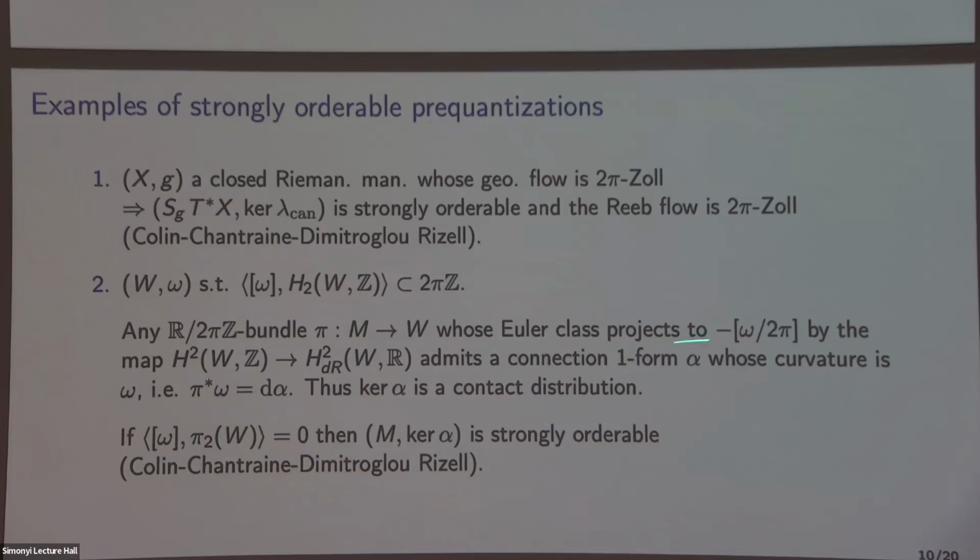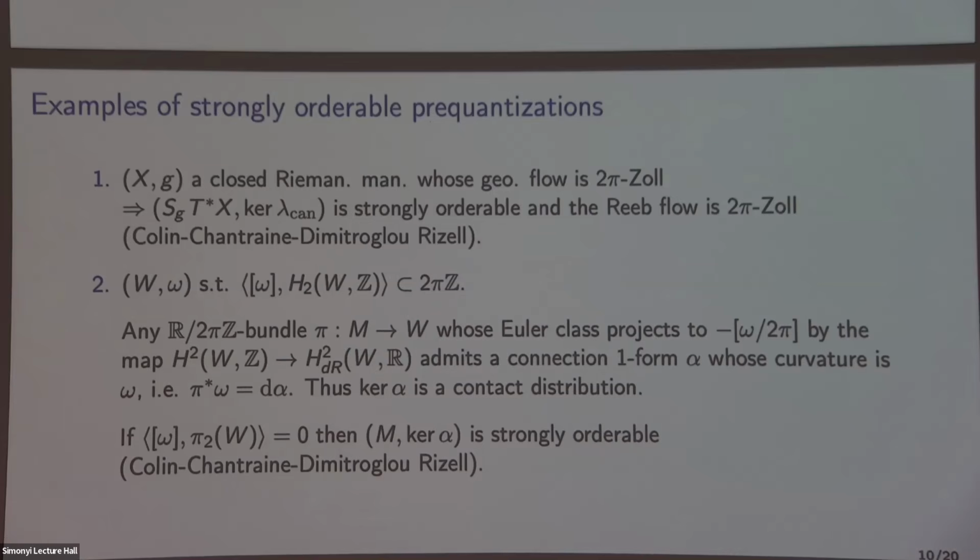It means that the periodic orbits of this contact form alpha will be non-contractible. So this is another kind of contact manifold that fits the assumption of the theorem. If you take a quotient of this M, it fits the previous theorem.